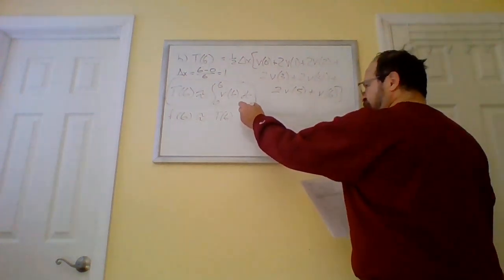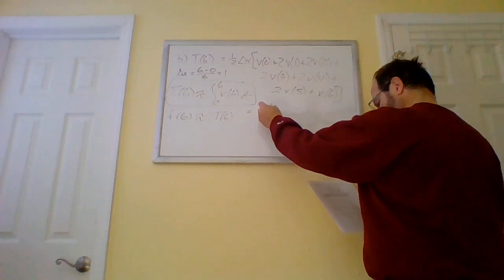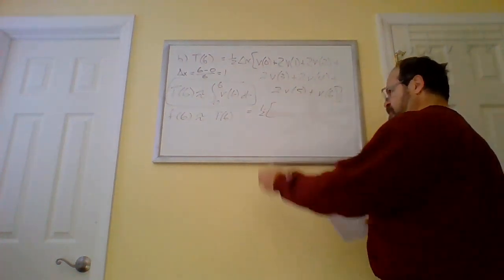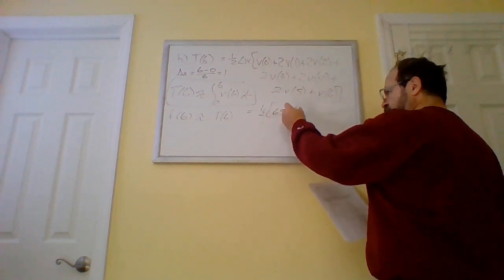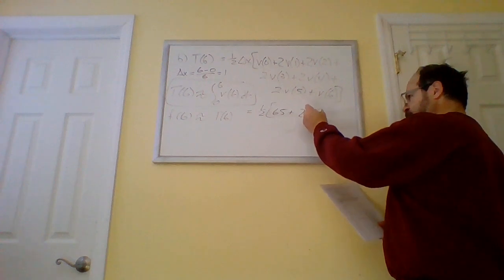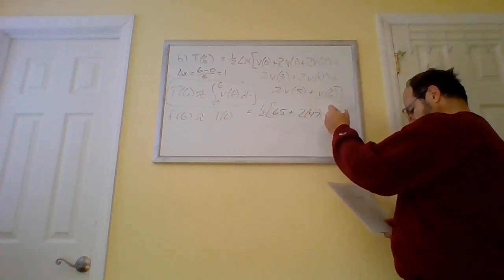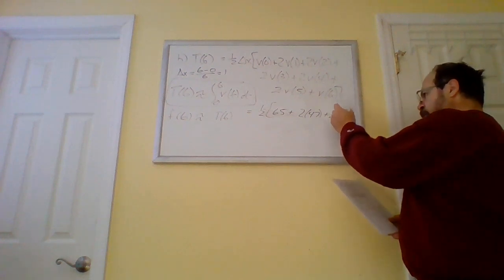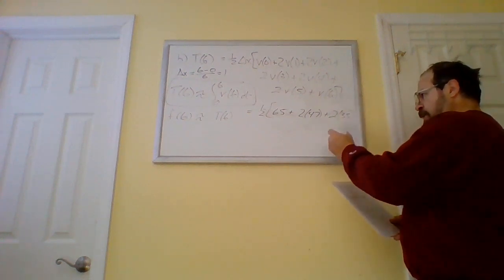And again, this is an estimate. So based upon the graph, G of 0, I said, is about 65. And then 2G of 1, which I said is about 47. And then 2G of 2, G of 2 is about 35.